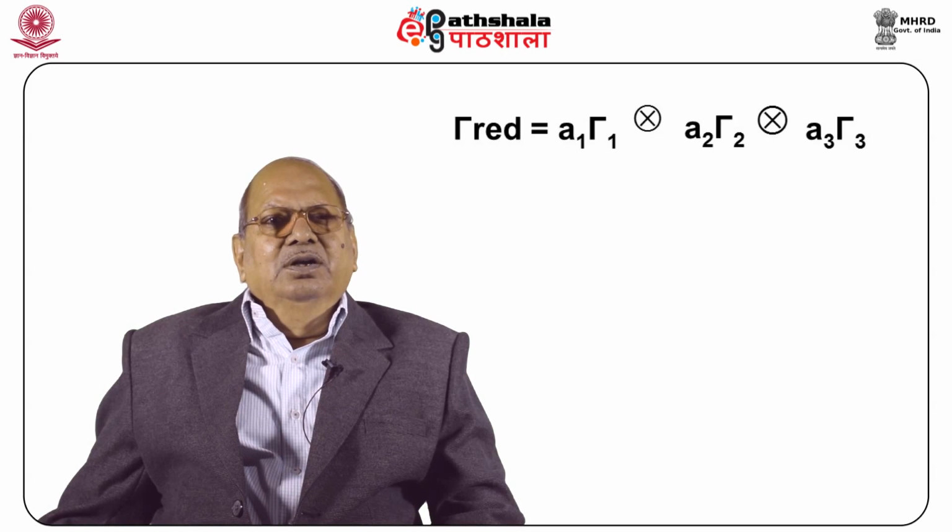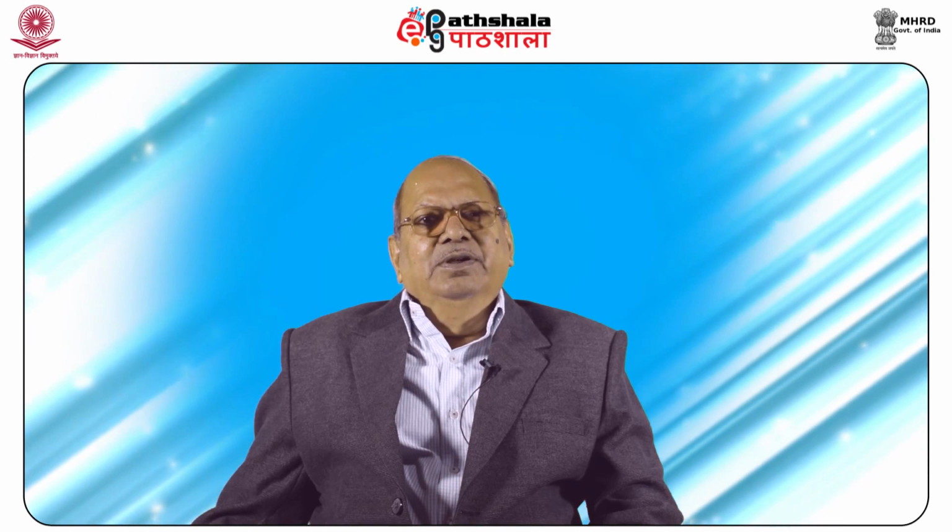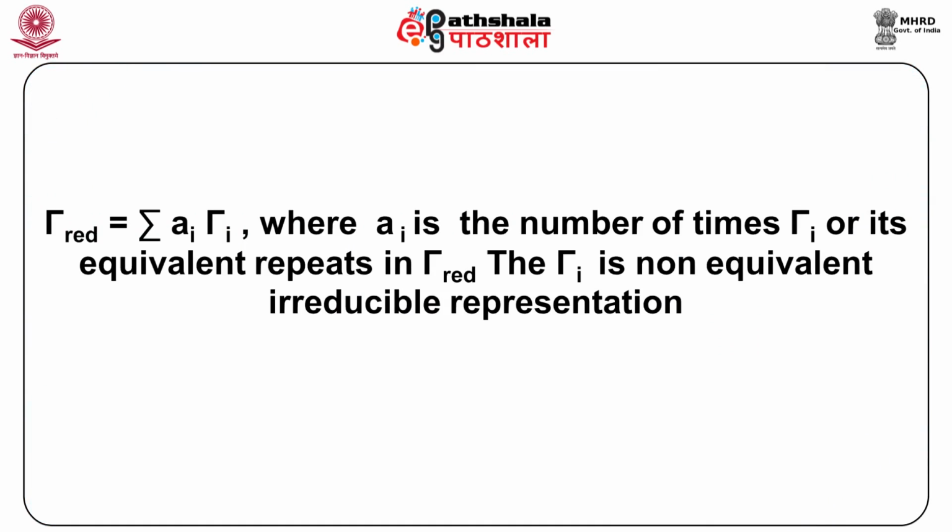So tau reducible can be written as a1 tau1, then direct multiplication a2 into tau2, then a3 into tau3, or tau reducible is summation a_i tau_i, where a_i is the number of times tau_i or its equivalent repeats in tau reducible. Thus tau_i is non-equivalent irreducible representation.